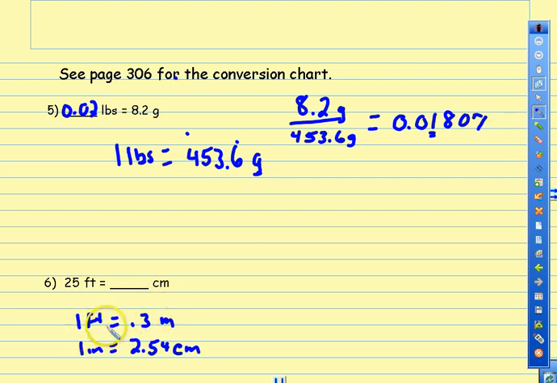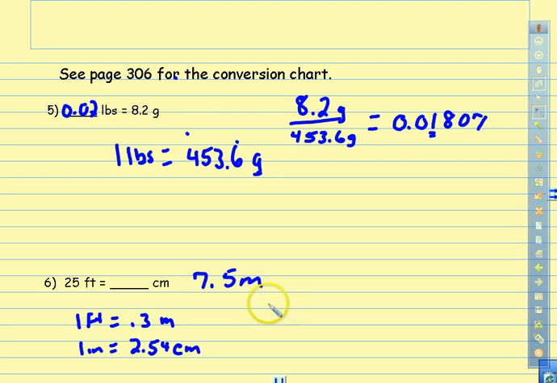All right, so now you end up with 25 feet equals how many centimeters? Well, there's a couple different ways you could solve that. If you want to convert feet to meters, you can do that, which if we're going from feet to meters, then we'd have to take our 25 times the 0.3, which gives me 7.5 meters.